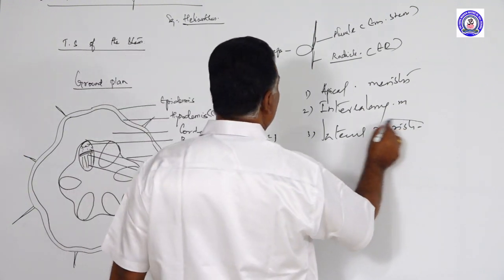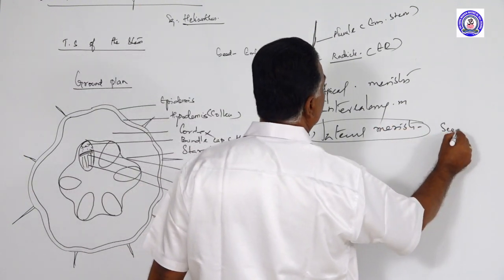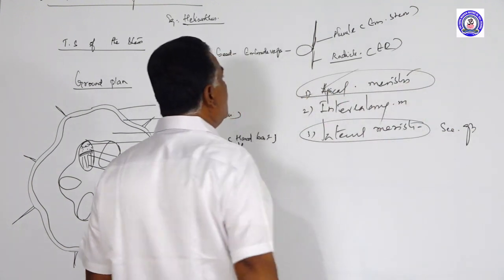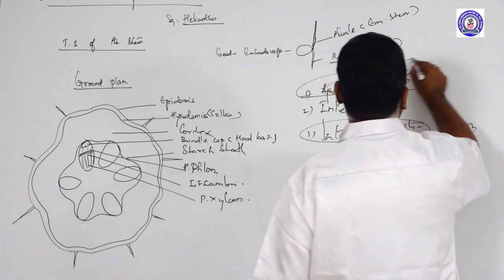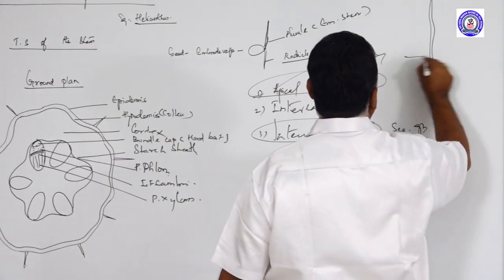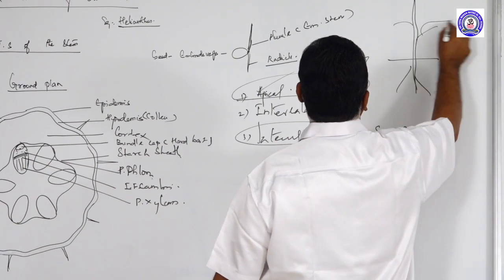Lateral meristem is involved in secondary growth. Apical meristem is involved in primary growth, and produces the grass form of the plant with root system and shoot system.